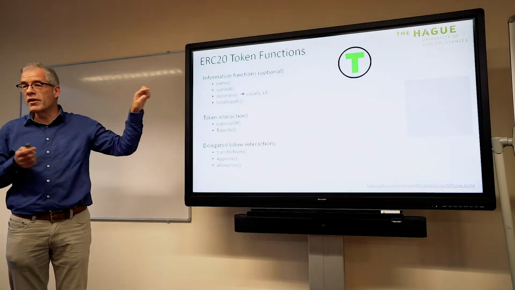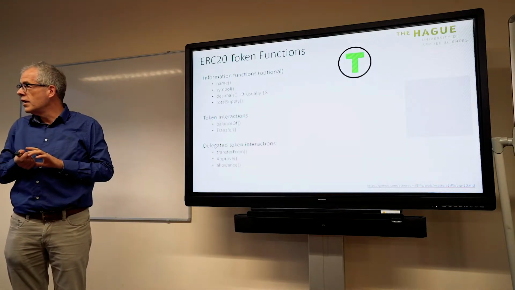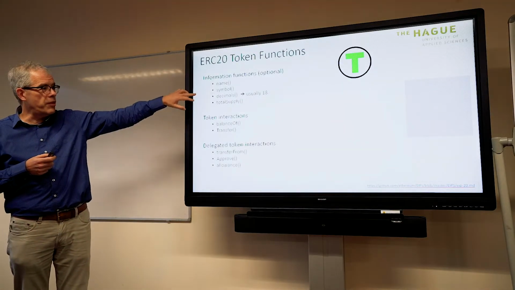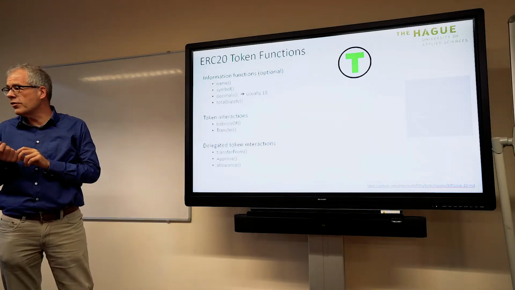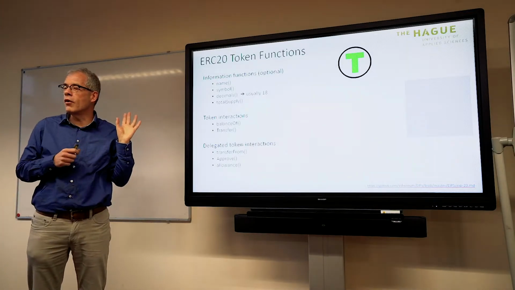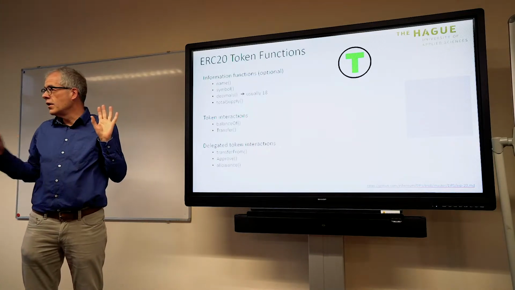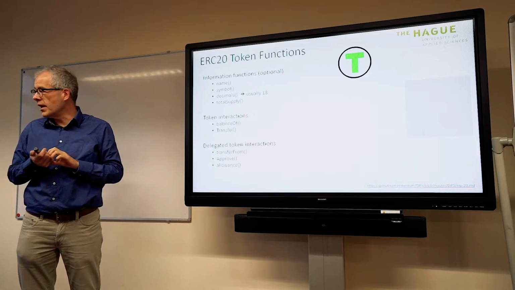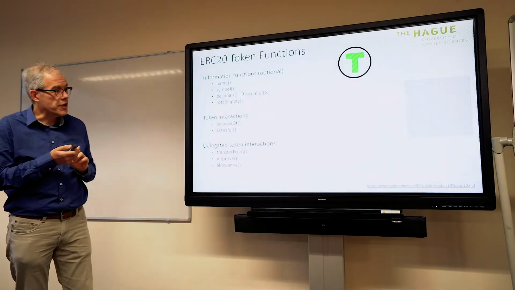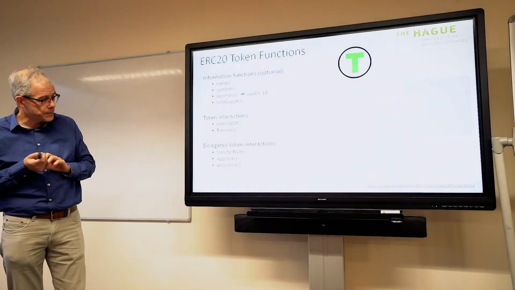So that's why you also have the 18 decimals. When you create a contract, you can specify the number of decimals, but it's best to always keep that at 18 because most other software expects it to be 18. So just keep it simple at 18.